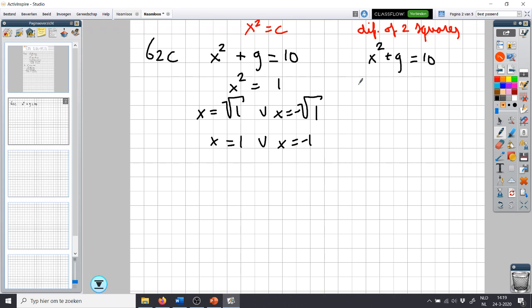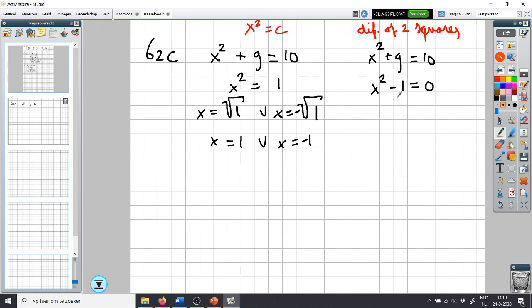Done. If I want to use the difference of two squares, however, I get my minus 10 moved right here, so I rewrite it like this. x squared minus 1 equals 0. Minus 10 to the right hand side and minus 10 on the left hand side. And this is the difference of two squares. Remember when I said that you could kind of avoid this later on? Well, you can avoid it because you could use the x squared is c method here.